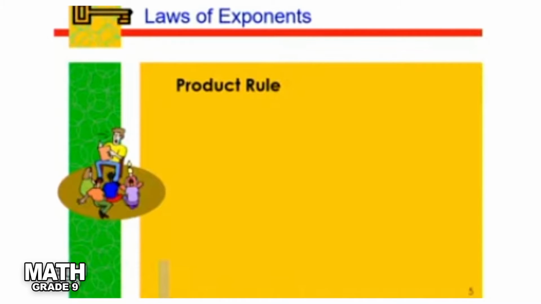Number 1 is the product rule, which is x raised to m times x raised to n is equal to x raised to m plus n.